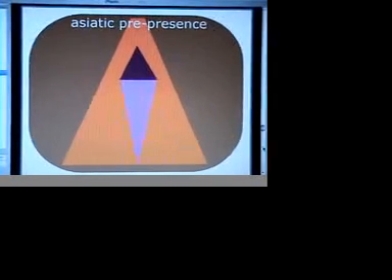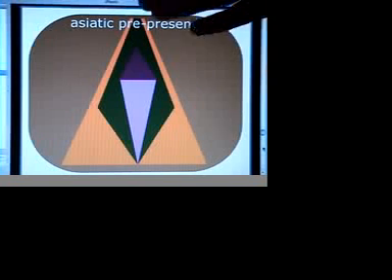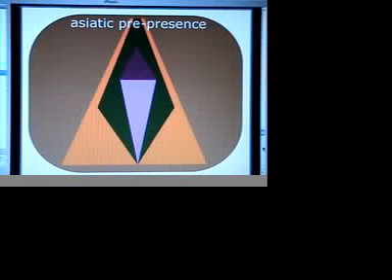Now, we're going to take an inherently larger green diamond to represent the individual's ties, that is, the individual that would be represented by that point, their ties to the pre-presence of their Asiatic ancestors. Again, we have the points in the diamond in which shared ancestry becomes much more likely.